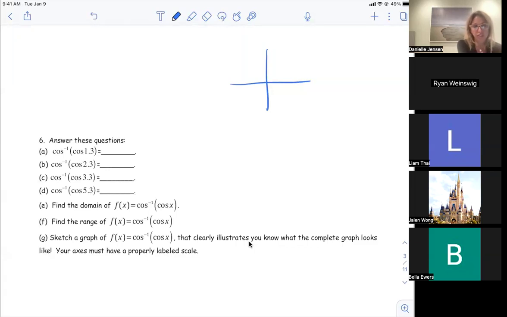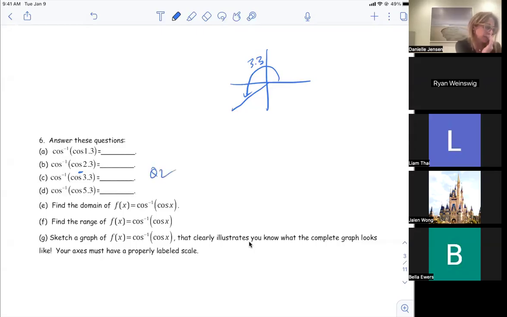So 3.3, what quadrant would that angle be in? That's in quadrant 3, where cosine's negative. So if I'm doing inverse cosine of a negative ratio, what quadrant angle do I want to spit out? We want quadrant 2.